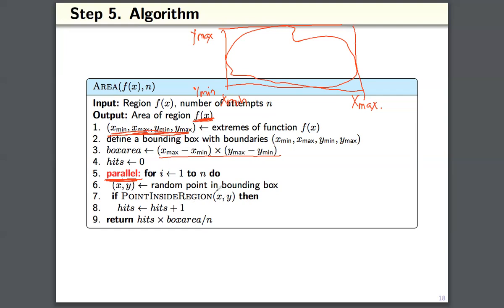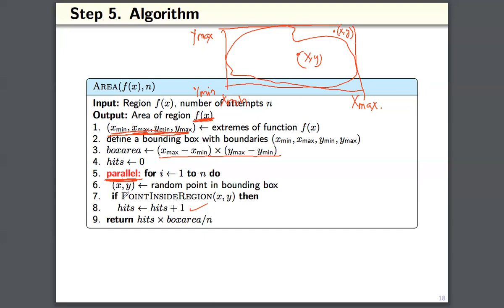If x comma y is inside the shape, the region, f of x, then increment your hits. If x comma y is outside the region, you don't need to worry. You don't need to increment the hits.